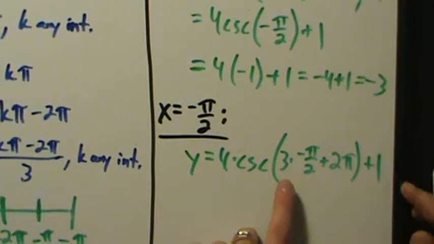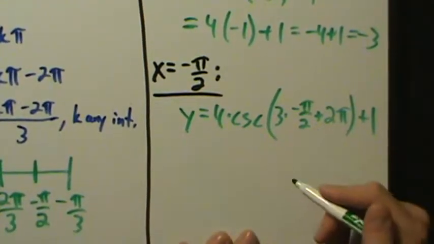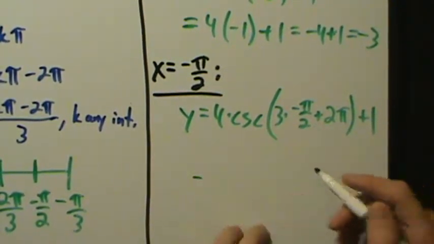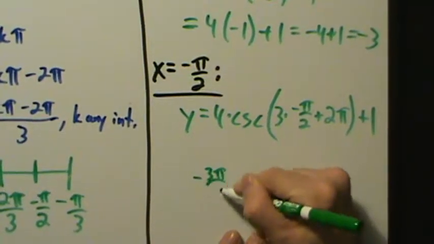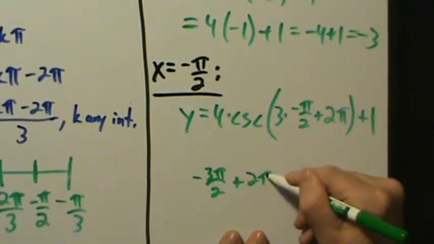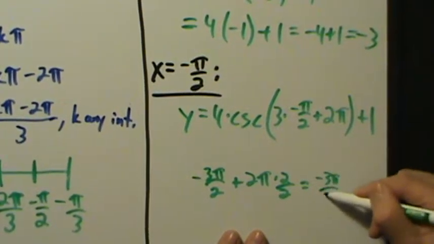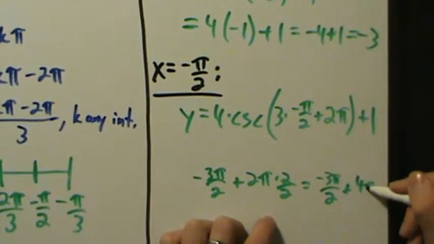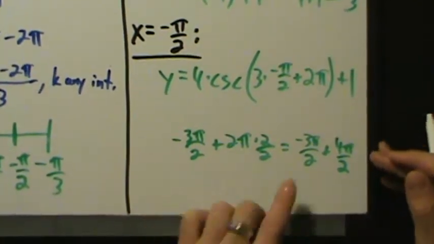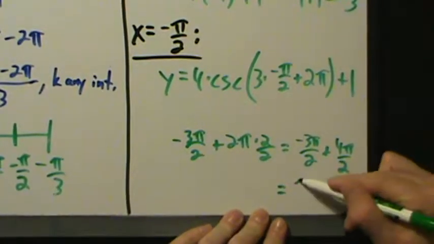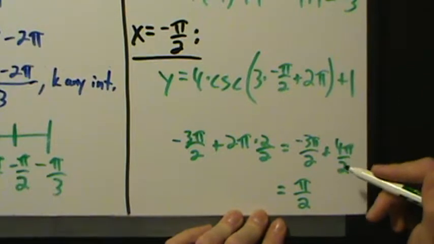So let's simplify this separately again. So 3 times negative pi over 2, that's negative 3 pi over 2. And then plus 2 pi. So common denominator, multiply 2 pi by 2 over 2. So this is negative 3 pi over 2 plus 4 pi over 2. Okay, and then the negative 3 pi over 2 plus 4 pi over 2 simplifies to just plain old pi over 2. That's lovely, that's great.